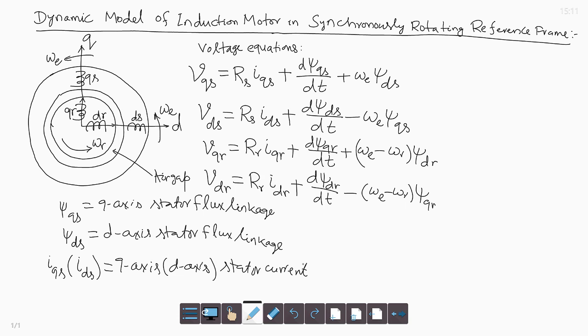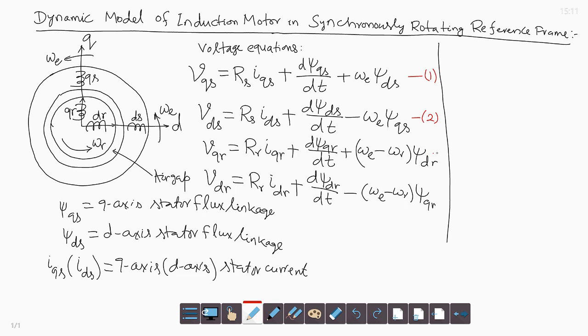So, similarly, all the terms can be defined, and these are the equations. Let us number them: this is equation 1, this is equation 2, this is equation 3, this is equation 4.